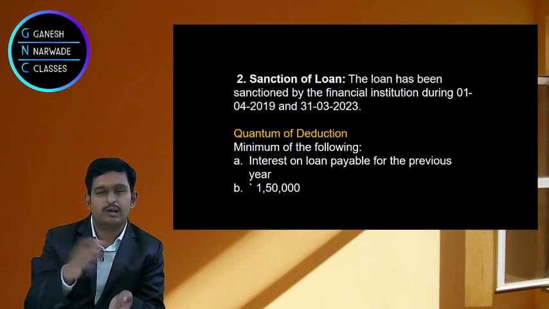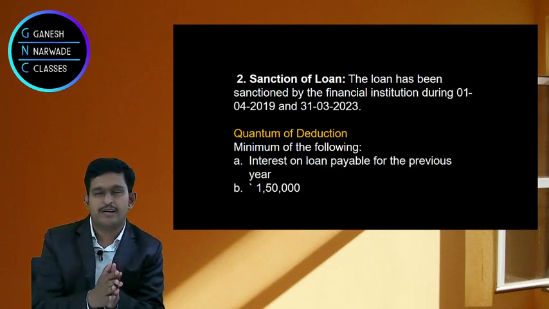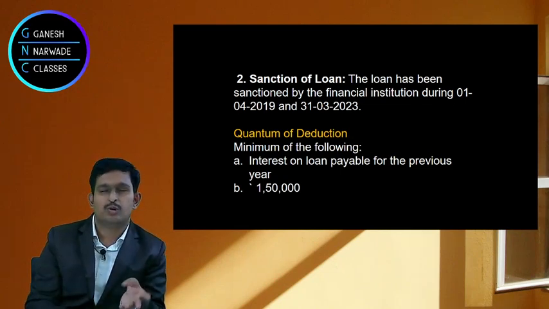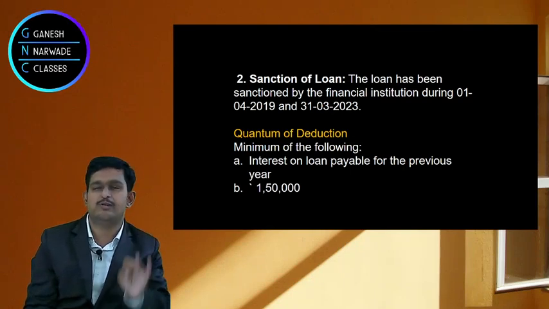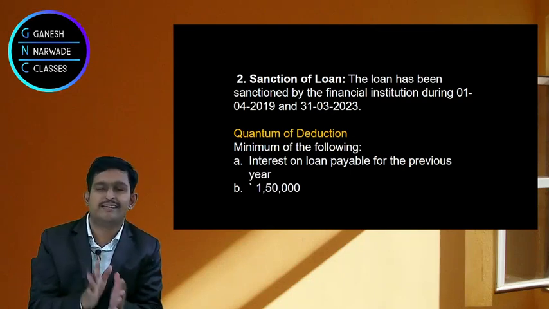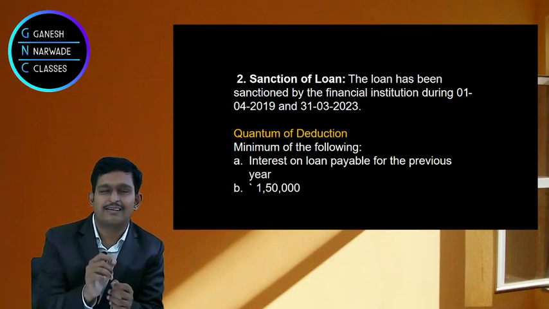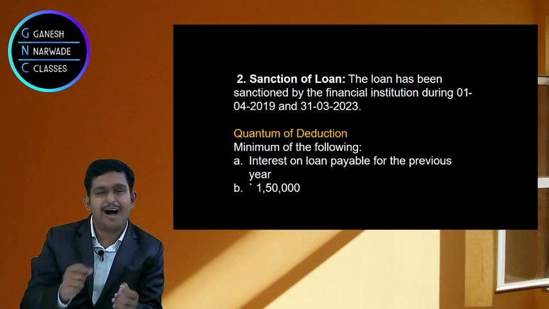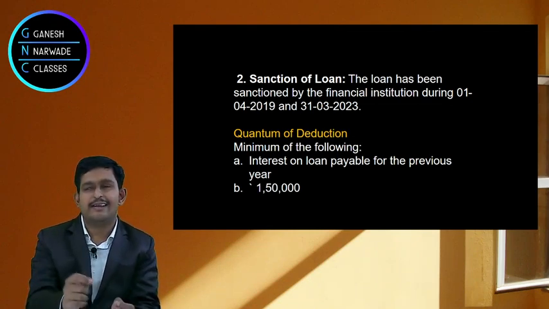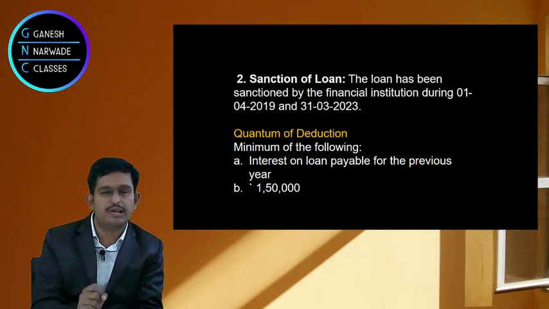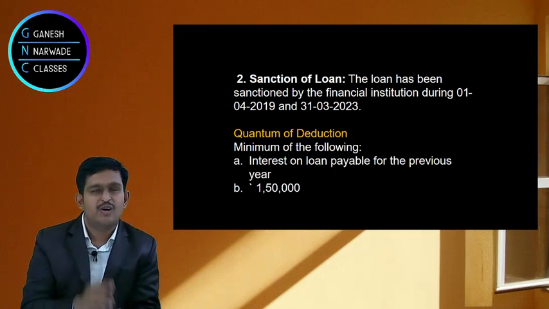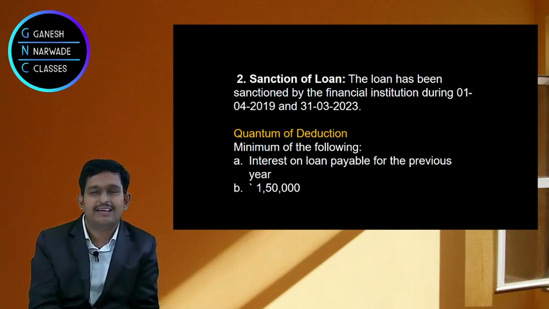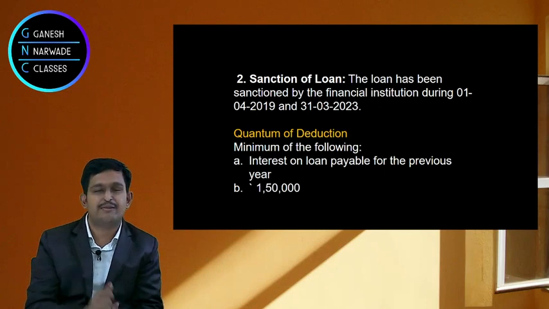So you could have taken the loan during any of these periods, 2019-20, 2020-21, 2021-22, 2022-23. If in these 4 previous years you take electric vehicles on EMI basis and pay interest, you will get deduction. How much? Sir, whatever interest we are paying or 1,50,000, whichever is lower. What did I say? Whatever interest you are paying or 1,50,000, whichever is lower.